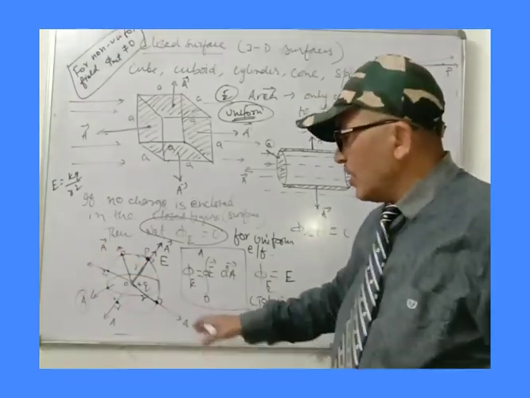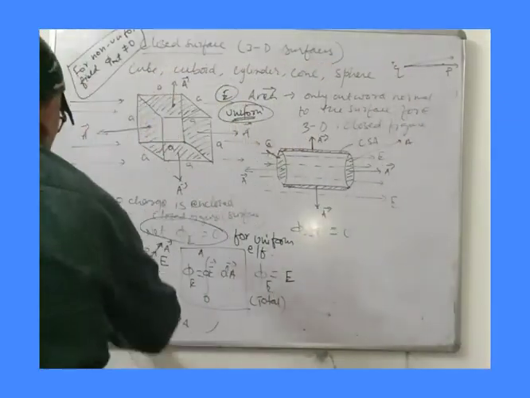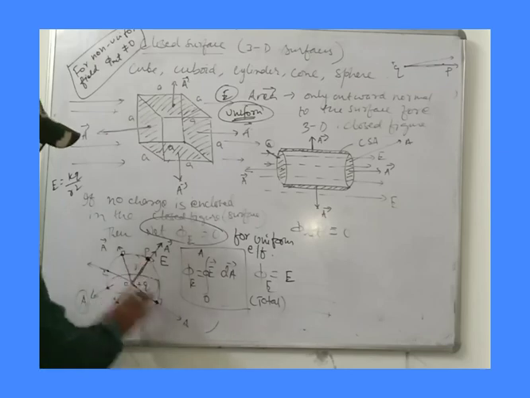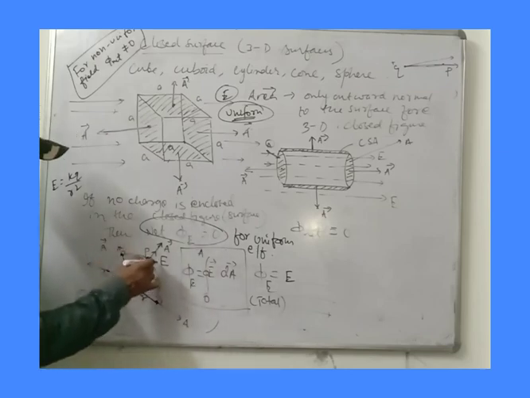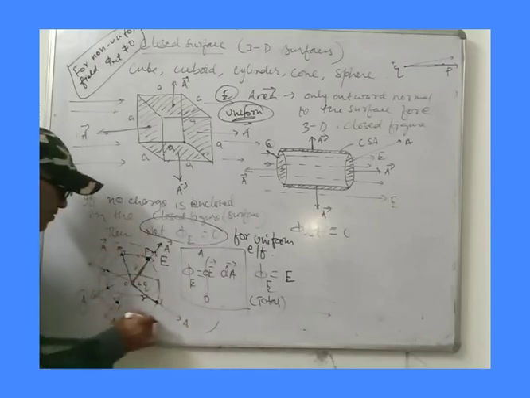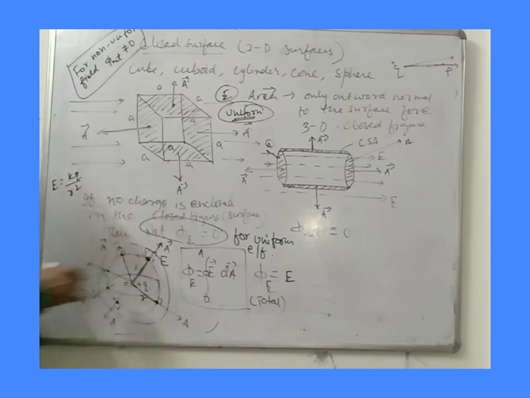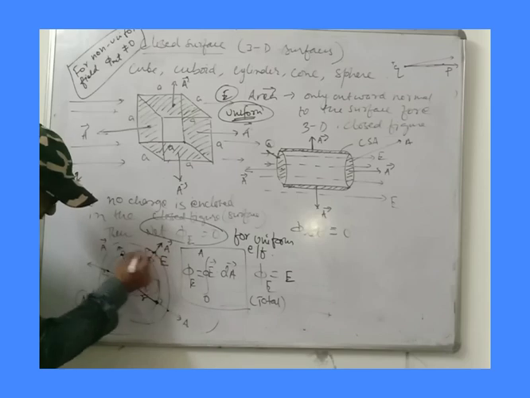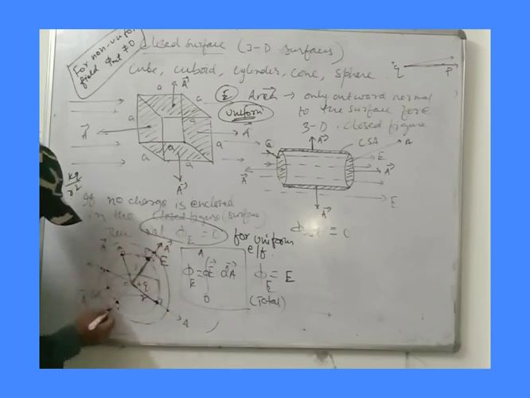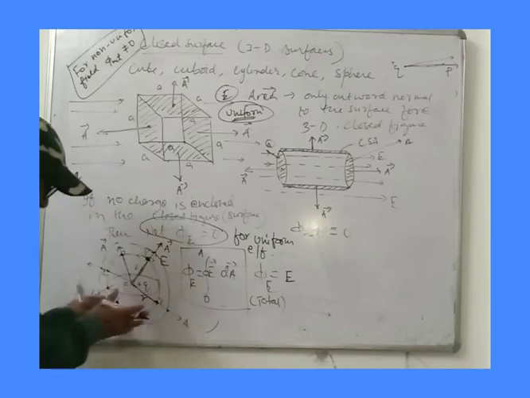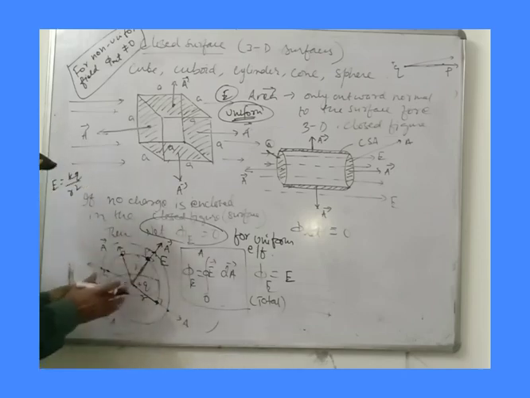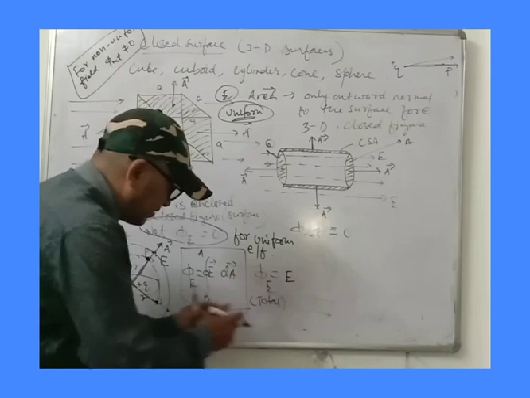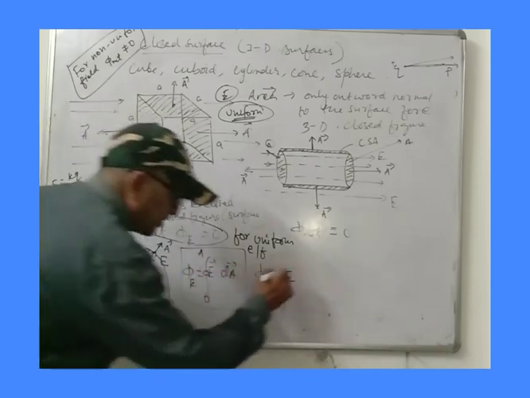On the surface of that sphere, same electric field. If you draw another surface, then at this point, electric field will be same. So for this sphere, we can take electric field constant.